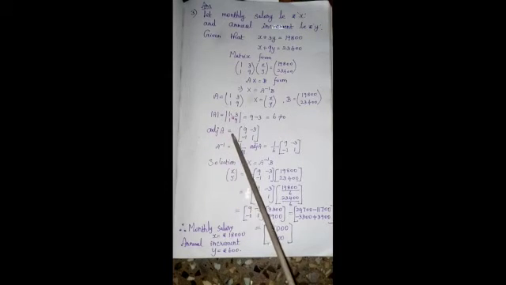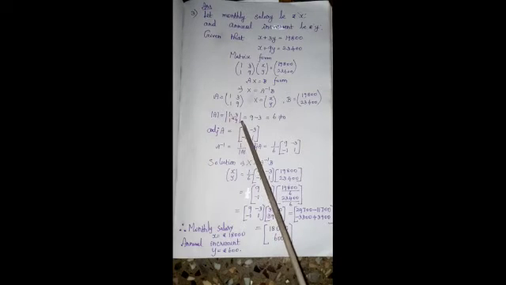After that, adjoint A: interchanging the leading diagonal and changing the sign in the other diagonal, we get [9, minus 3; minus 1, 1].